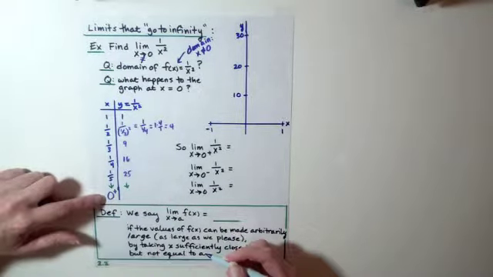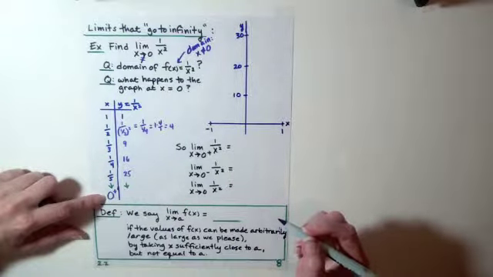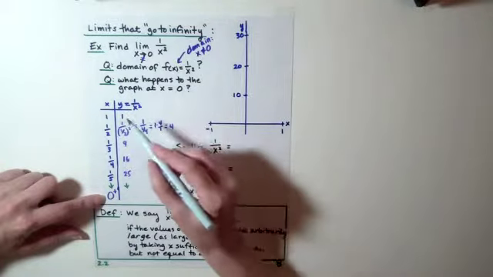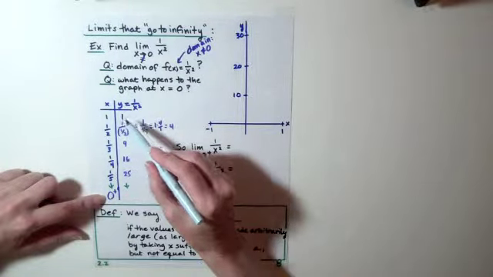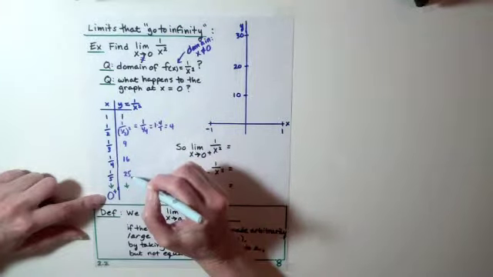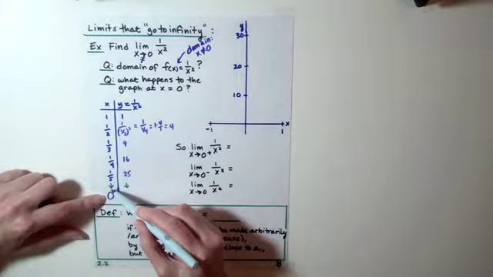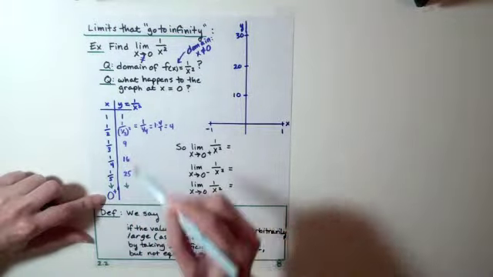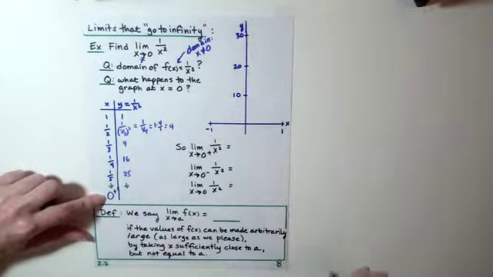They're getting closer and closer to 0 through values to the right of 0, values that are a little bit larger than 0. And what's happening to the output values? I get 1, and then 4, and then 9, and then 16, and then 25. You can see that if I put in 1/6, that'd be even closer to 0. I would get 36.